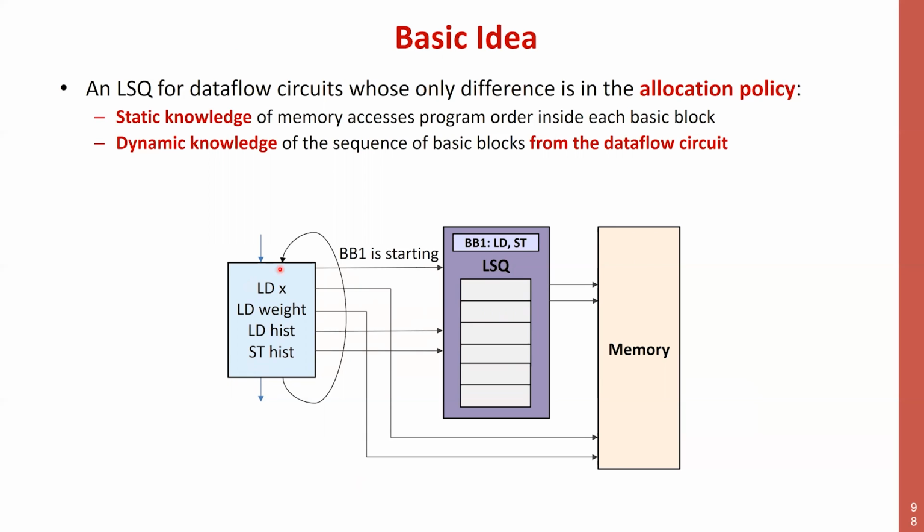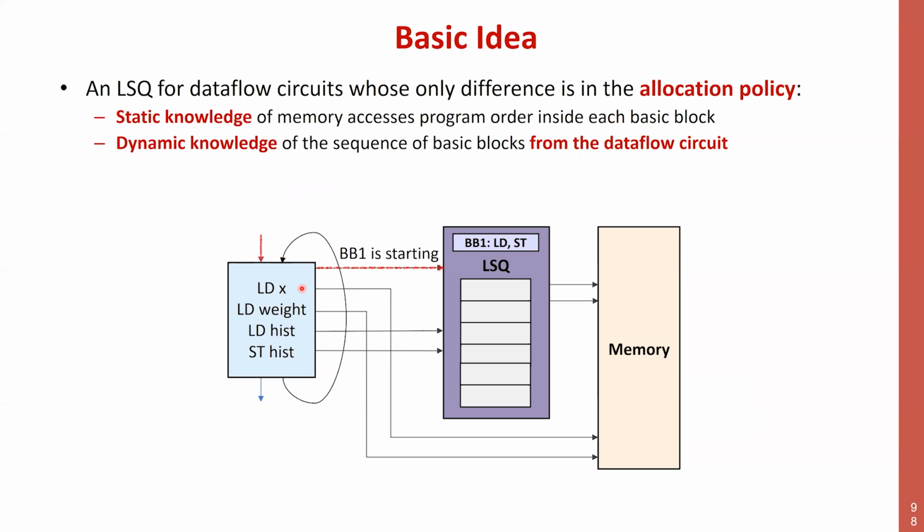So if I execute this, I don't know if after this store there will be another load X, because I execute the same basic block again, or if after this store there will be some other access because I go and execute some other basic block here. So the idea is this: I can put into the load store queue, for each basic block that can occur, the list of the loads and stores in the order they are from that basic block.